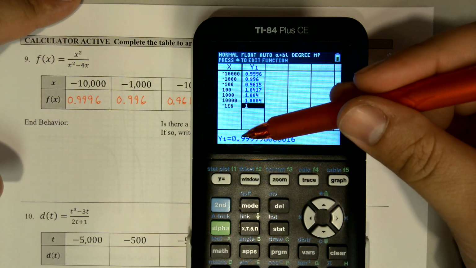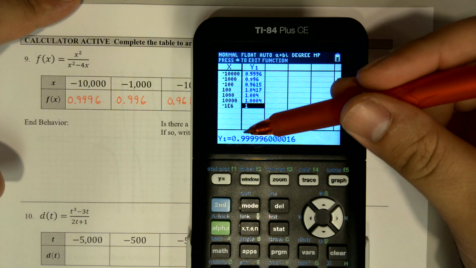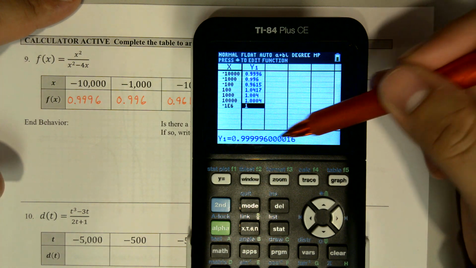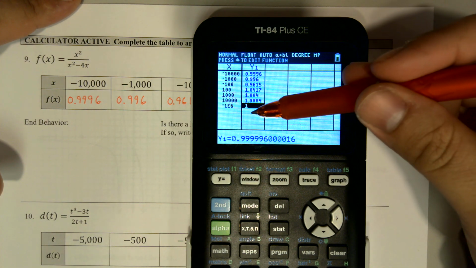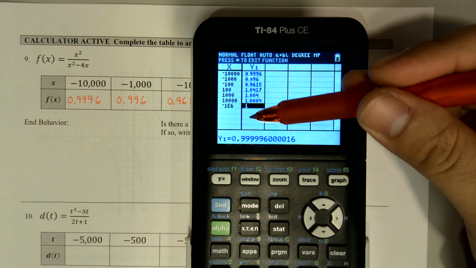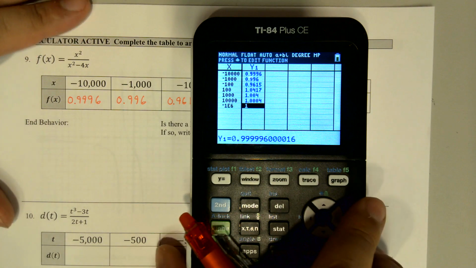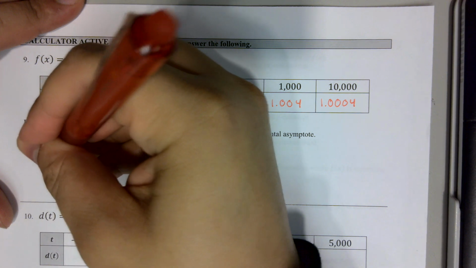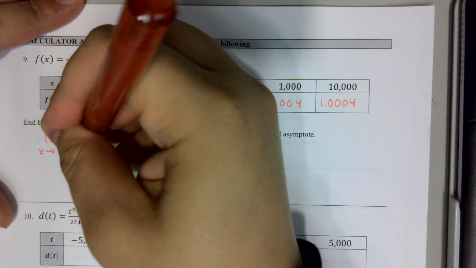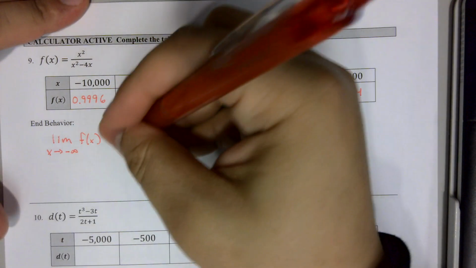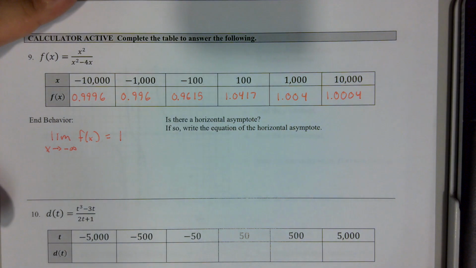Over here, it's still not quite 1, but it's 0.99999, and then some other stuff. It's getting really close to 1 as x goes towards negative infinity. So we would say that the limit as x goes towards negative infinity for our function f of x is getting really close to 1. It approaches 1.